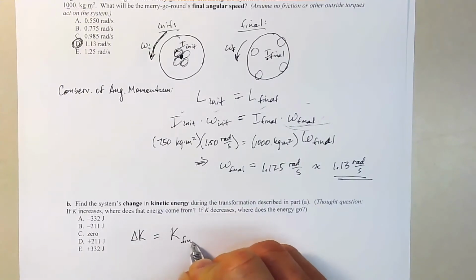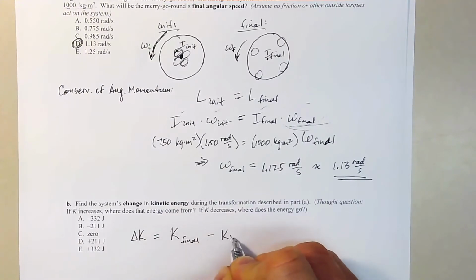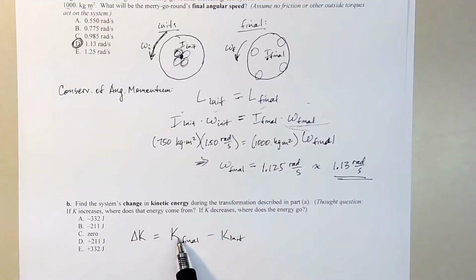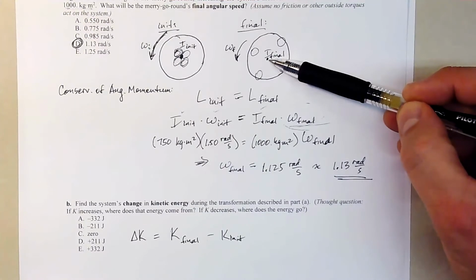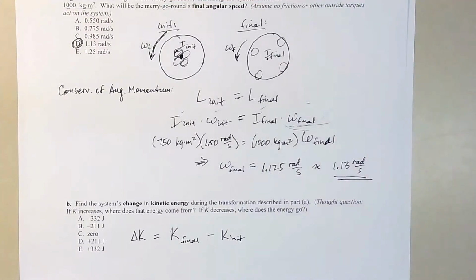This would be K final minus K initial, where this is only a rotational kinetic energy. These are only rotational because remember the axis of rotation is fixed, right? This merry-go-round is on a fixed axle. So there's no translational motion of the system through space.